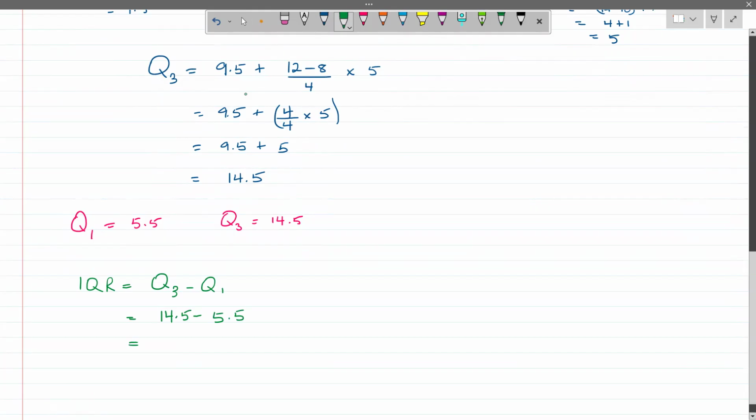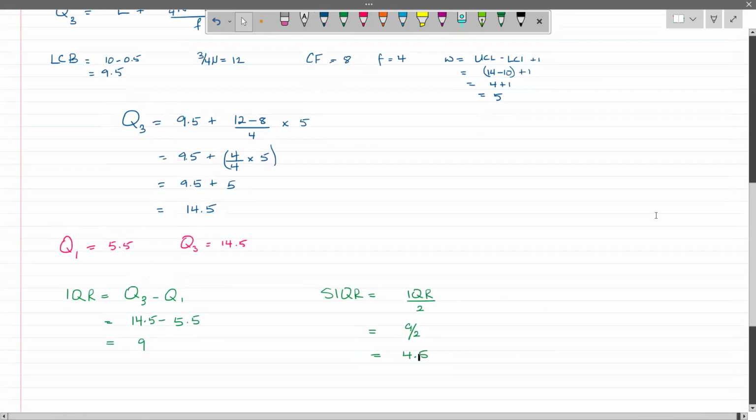If we subtract there, we get 9. My semi-interquartile range is found by taking my interquartile range and dividing it by 2. 9 divided by 2, you get 4.5. And that's our solution for the entire question there.